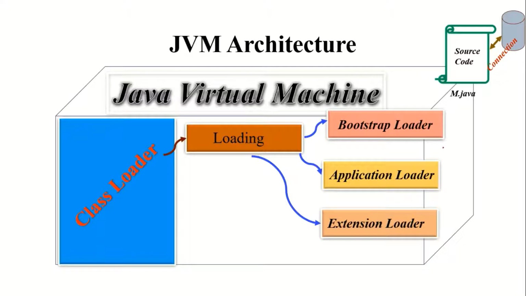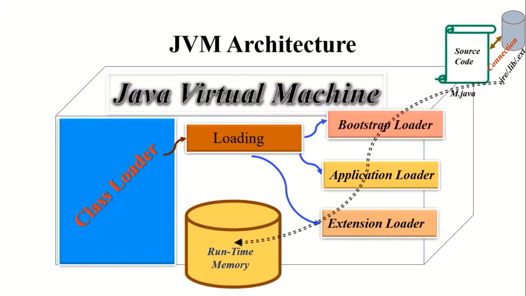In a simple explanation, if you have source code and you need to connect this source code with some database, then you need the ojdbc.jar class file. In this scenario, we add this third-party jar file into the extension class loader.